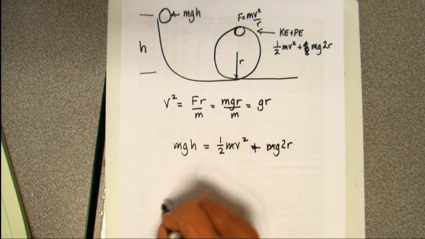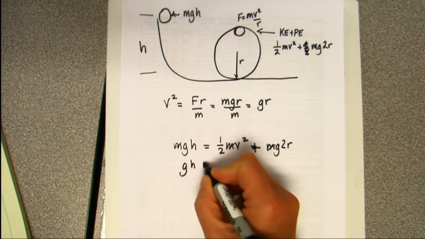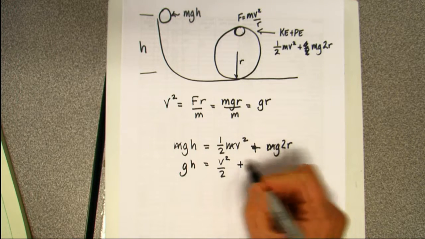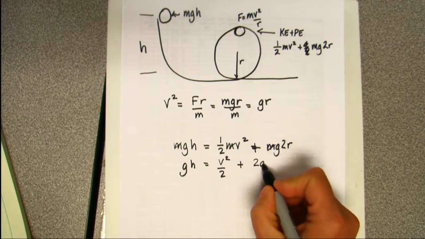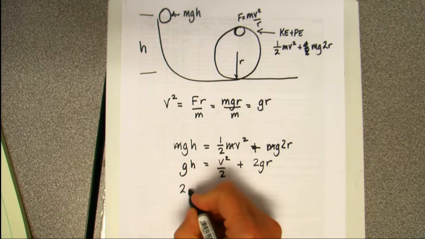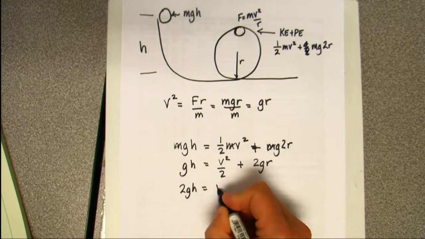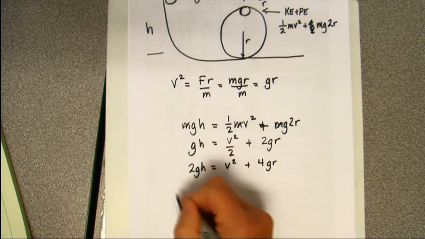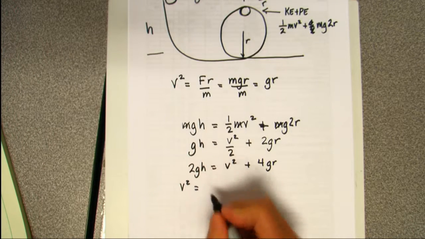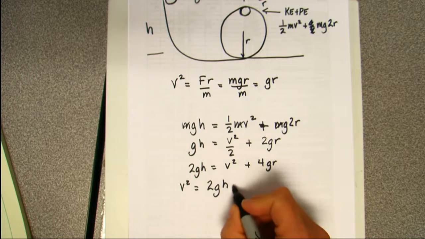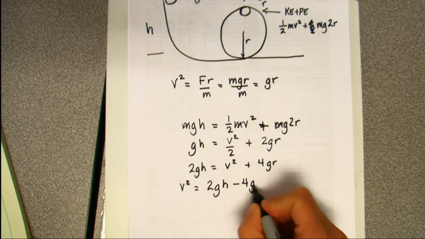So I've got gh equals v squared over 2 plus 2gr. I'm going to multiply everything by 2, so I get 2gh equals v squared plus 4gr. V squared is equal to 2gh minus 4gr.